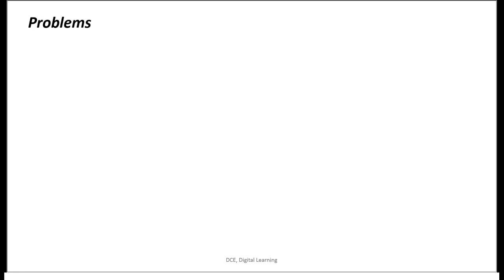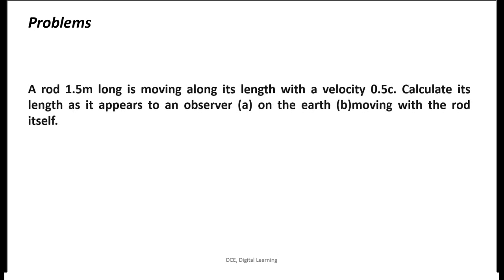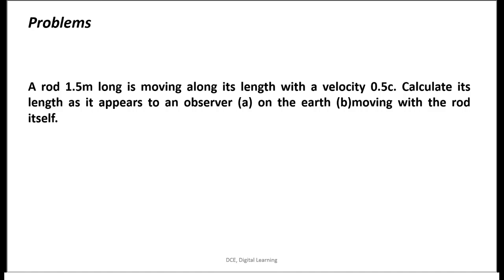So let us see some problems in this session. Consider a rod of 1.5 meter long moving along its length with a velocity of 0.5 c, that is 0.5 times the velocity of light. Calculate its length as it appears to an observer on the earth, and to an observer moving with the rod itself.